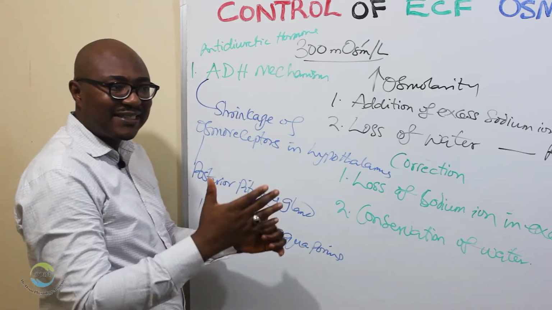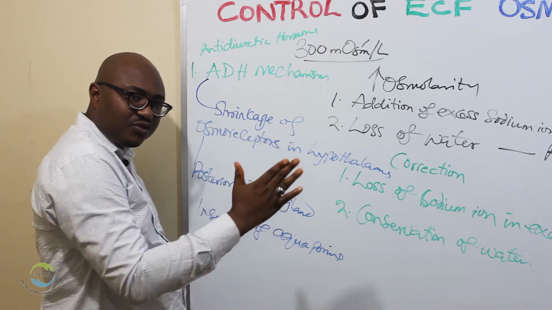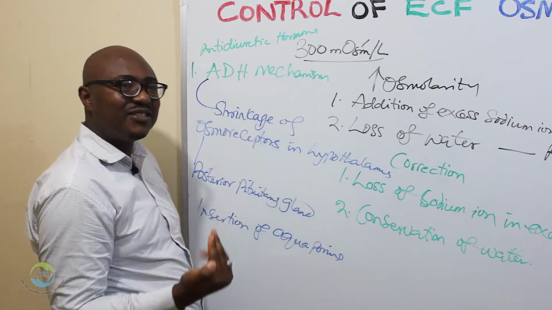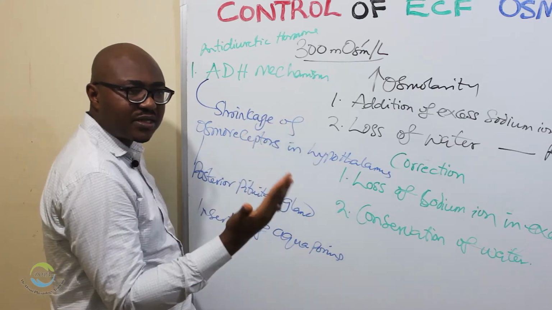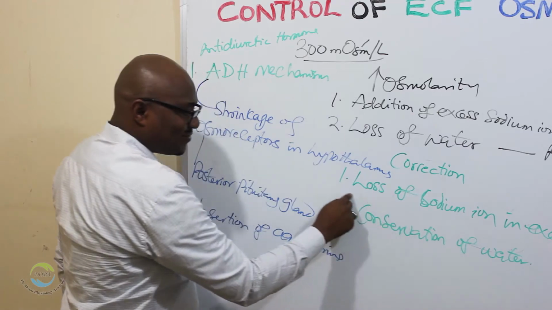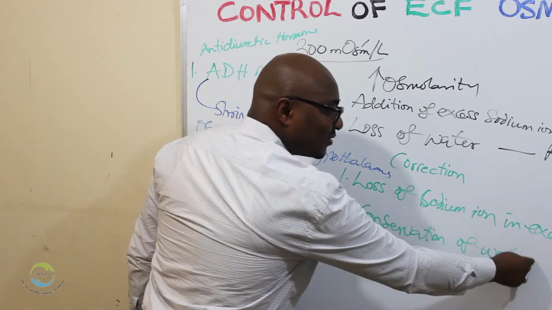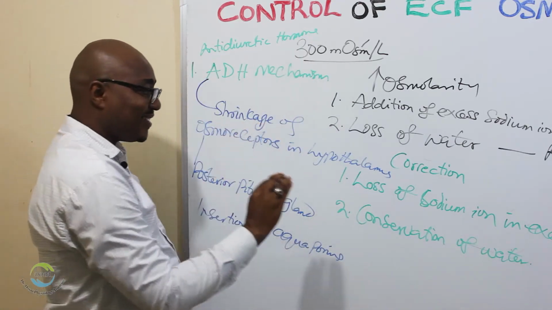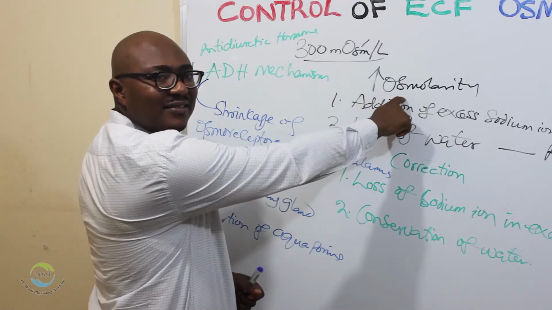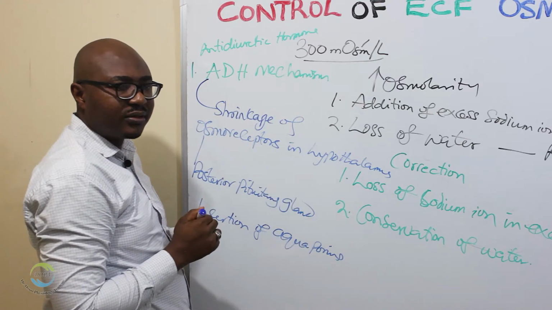So aquaporins are inserted, which means that water can now be transported through those water channels back into the blood. It leads to reabsorption of water. So what is happening is this ADH mechanism is conservation of water. That's what it's doing. ADH mechanism leads to conservation of water in order to now dilute the ECF to bring it back to normal. Okay?